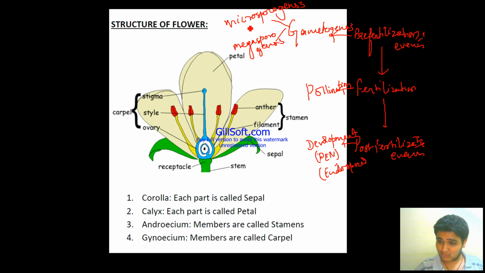You know what is microspore? That's the male gamete, right? And in case of plants, then what is microspore? This is pollen. Pollen is the male gamete, and over here this is embryo sac, the female gamete. So we're going to study basically the development of this. More than embryo sac, I would rather say the embryo sac which contains the egg along with the egg apparatus. We'll discuss all this in a lot of depth.